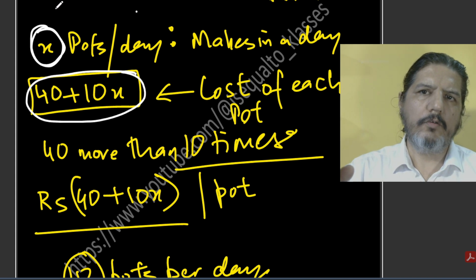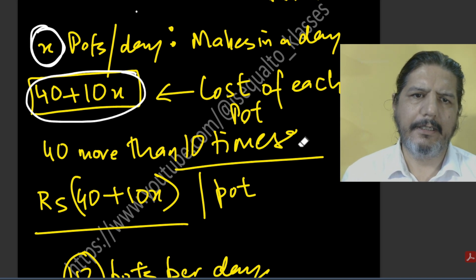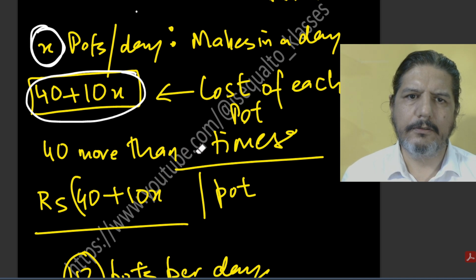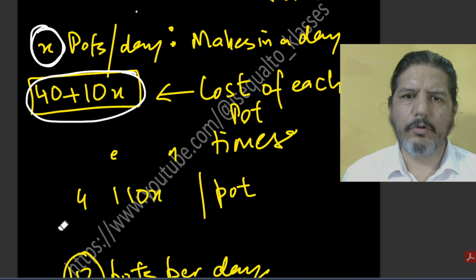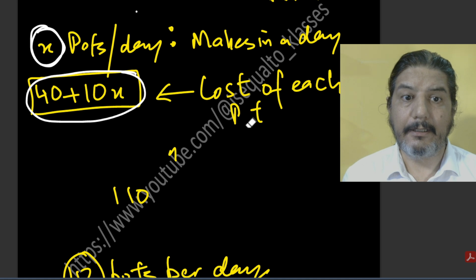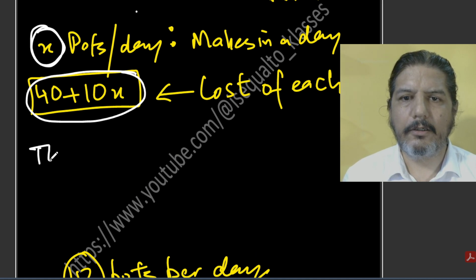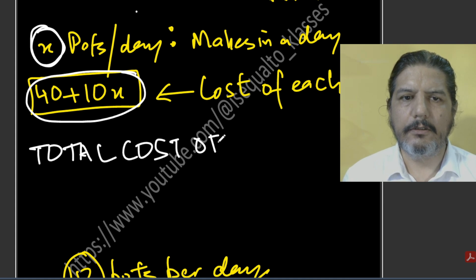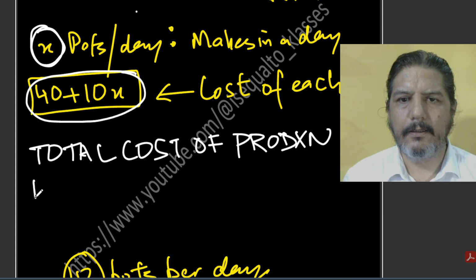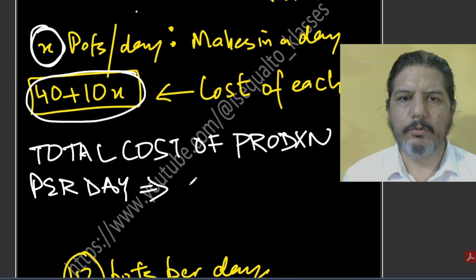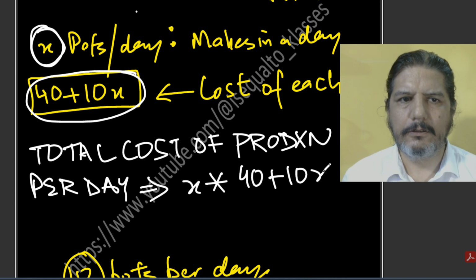So his cost of production, I'll erase this now because I don't require this. So his total cost of production per day would be equal to x multiplied by 40 plus 10x.